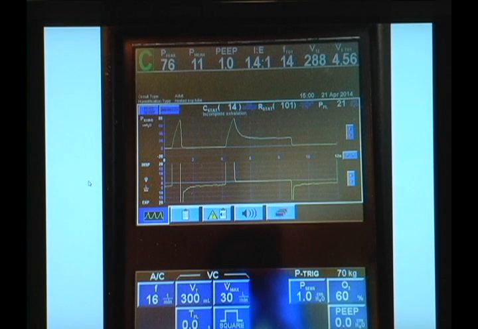So one day I'm sitting at home in my home office trying to be the editor of Respiratory Care, and I don't know if this is Ernie or one of the fellows in the MICU sends me a text, and this is it. This is a patient with severe, I want to say, acute asthma, intubated in the MICU, ventilated, peak pressure 76 centimeters of water, plateau pressure only 21.